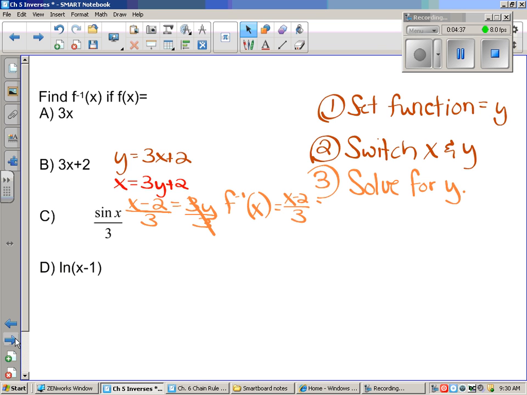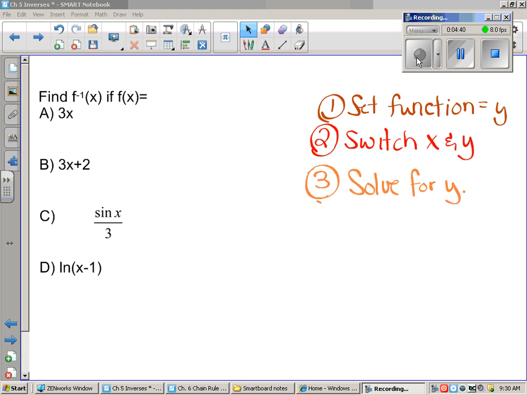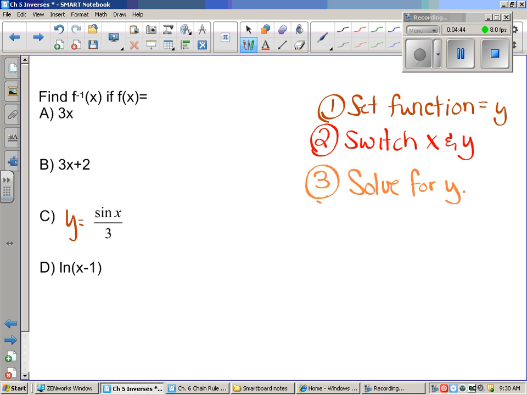All right, let's do the next one. Okay, so first thing, set it equal to y. Second step, switch the x and the y. Third step, what are we going to do? Good, you're going to multiply both sides by that 3. Uh-oh. Now what am I going to do? How am I going to get rid of that sine? Because I want y alone.